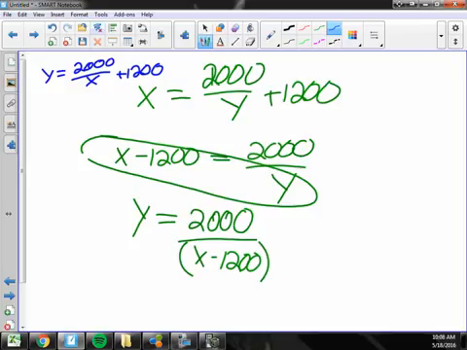Careful. It's between 1 and 200. How do I know that? It's in the original problem. So they told us this function is only valid between 1 day and 200 days.